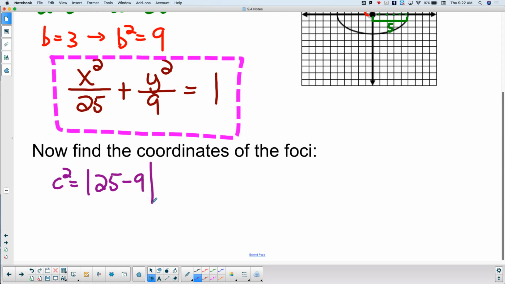Do you know what 25 minus 9 is? It is 16. So if c squared is 16, what is c? Four.